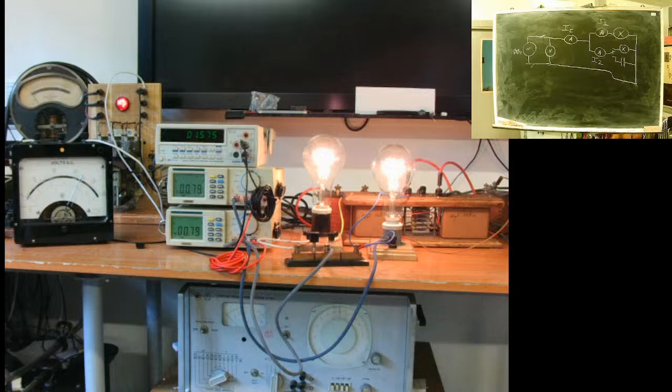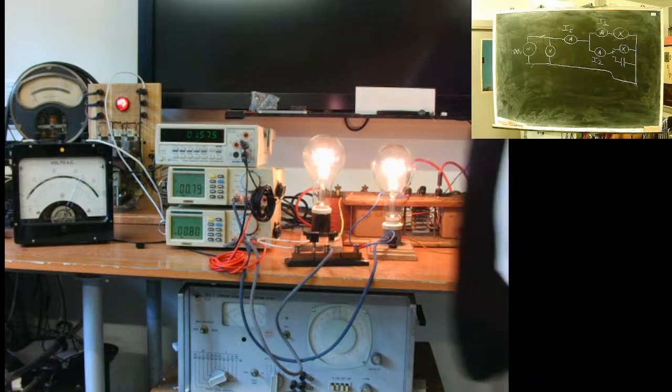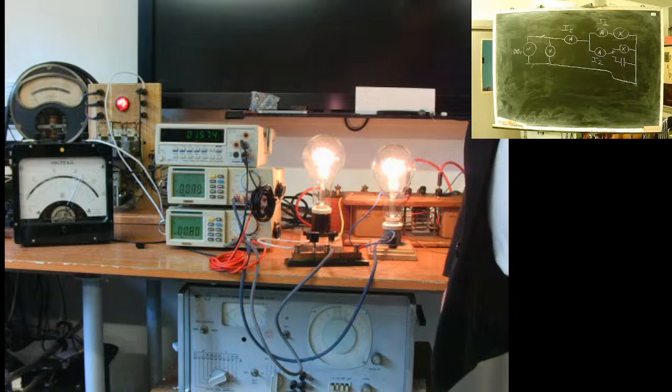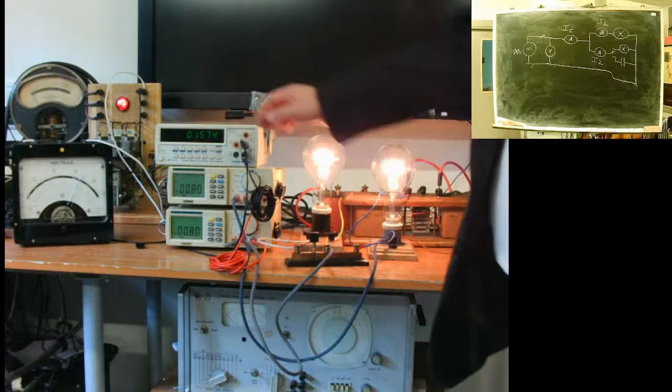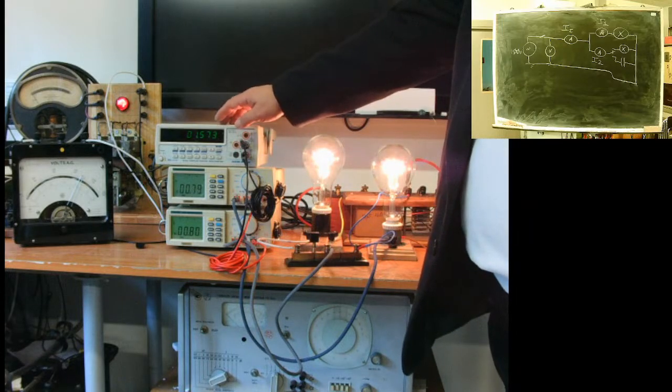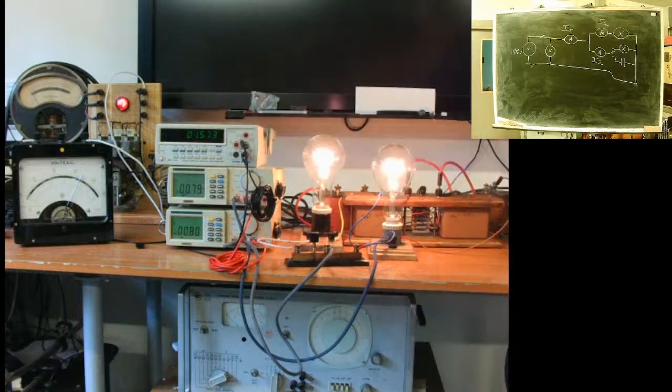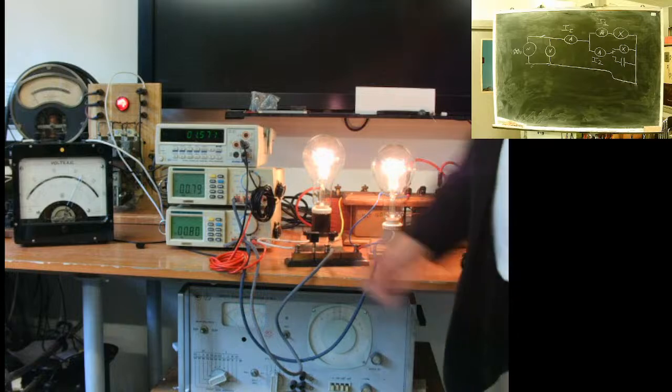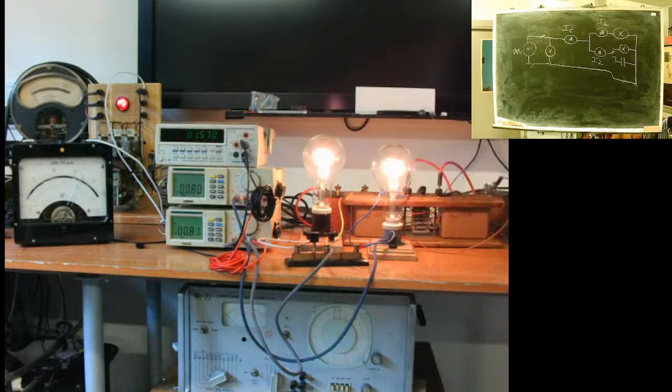Voltage arrived. What do we see? Current number 1 is 0.8, current number 2 is 0.8, and the summary current is 1.572, very close to 1.6. There is a small difference, minus 0.79.